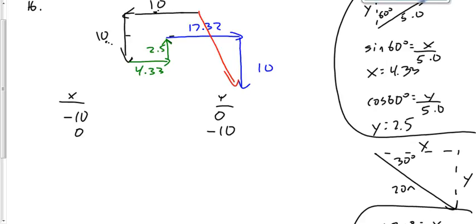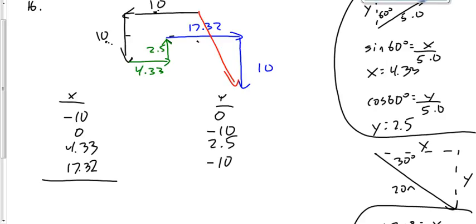Let's see. 4.33. What's the y component, Andreas? Yeah. Good. All positive. The fourth one. The x component. McKenna, what's the x component of this one? Good. And what's the y component, Ethan? Good. We add those up. Ooh, I don't know what that is. 21.55, 11.55.